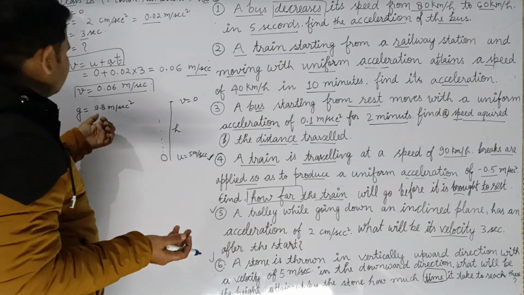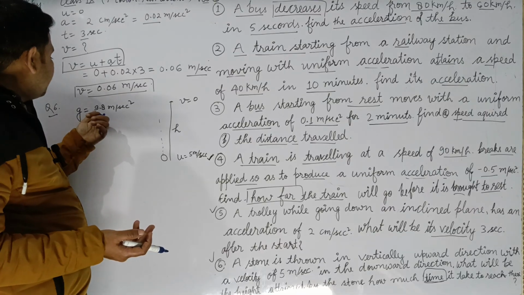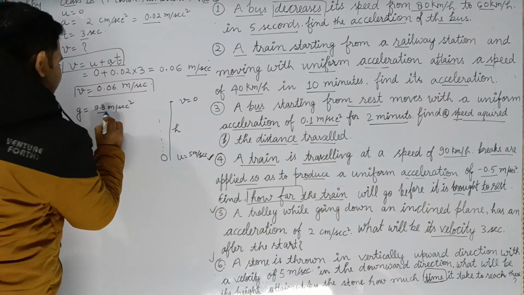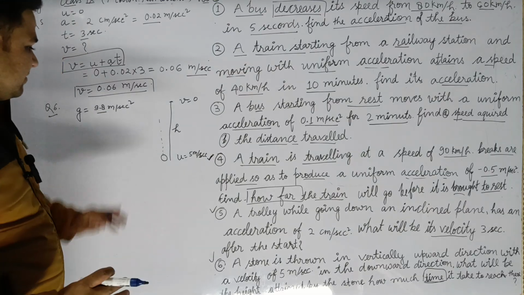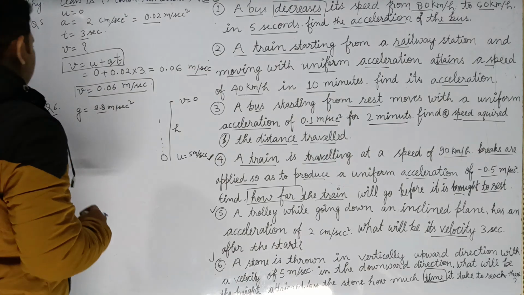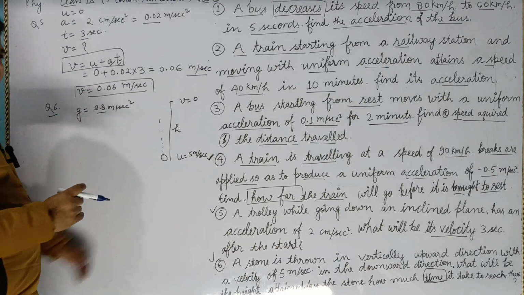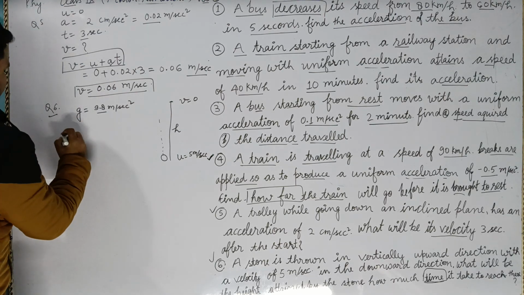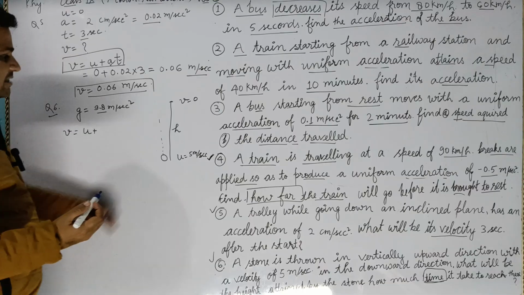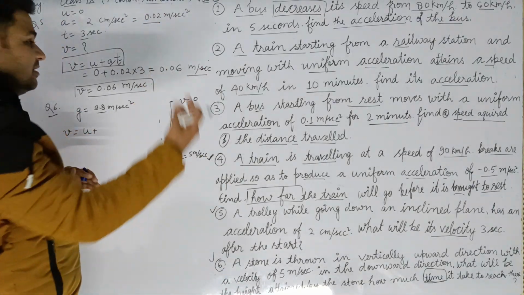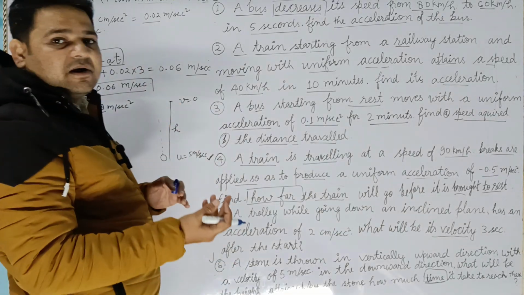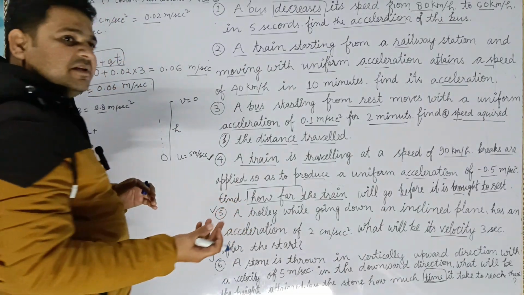Simply, we can take it as 9.8 or 10 meter per second square. Here we take the exact value, 9.8 meter per second square. Putting it in the first equation of motion under gravity, it will be v equal to u plus... sorry, the stone is thrown in the upward direction, so the acceleration will be negative.